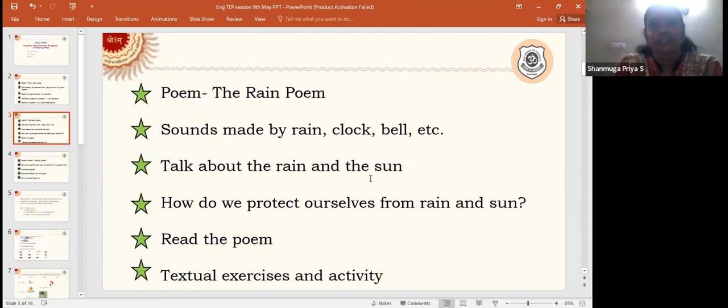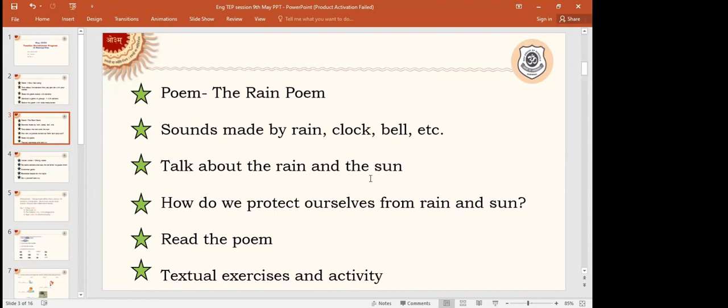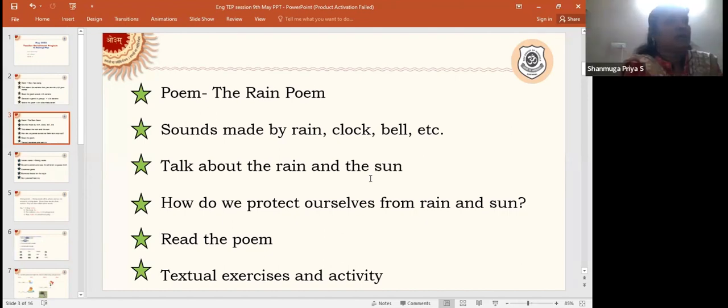Thank you so much, teachers. So you can also ask them to, as an art integrated activity, draw the things that we use when it rains and things that we use when the sun shines.